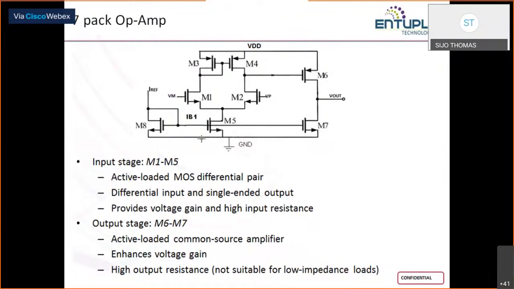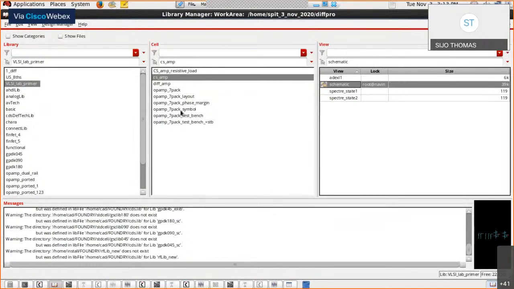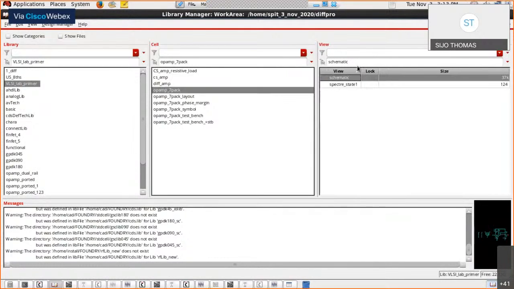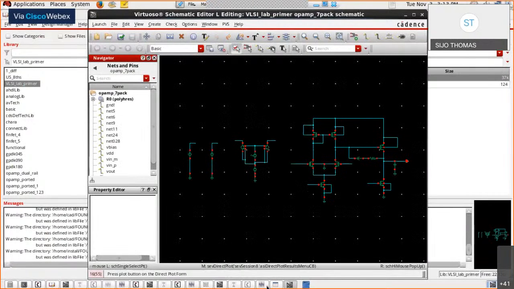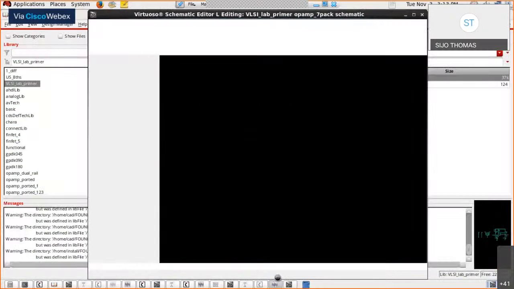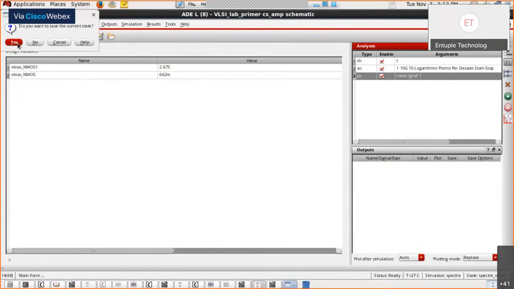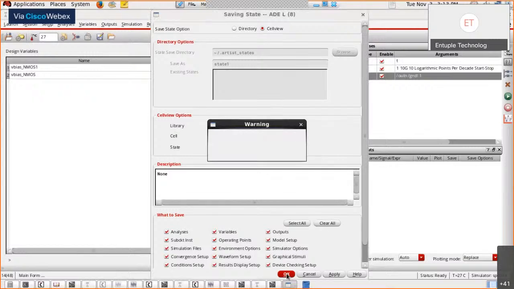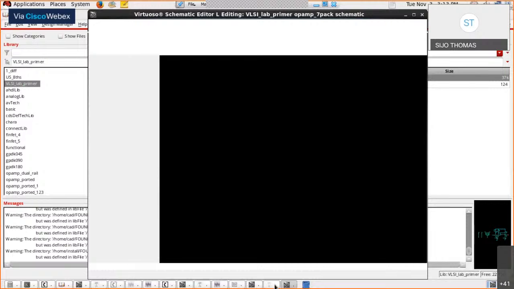So if you open the tool, here the compensation part is not shown. So Naveen, can you open the schematic on the tool, op-amp? Yeah, schematic. It's fine.